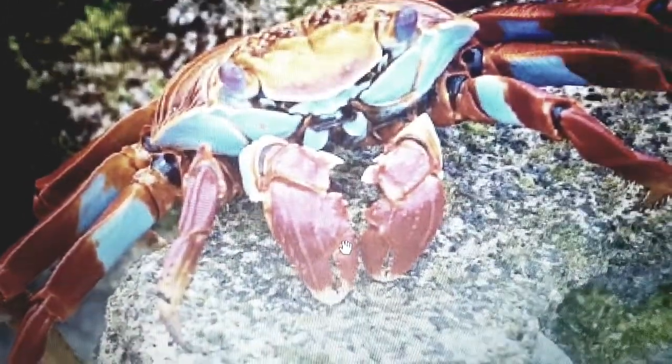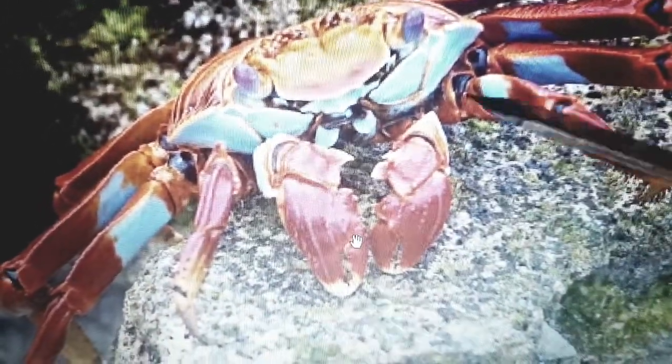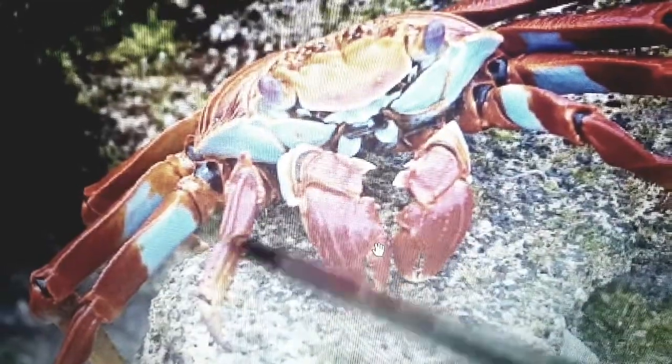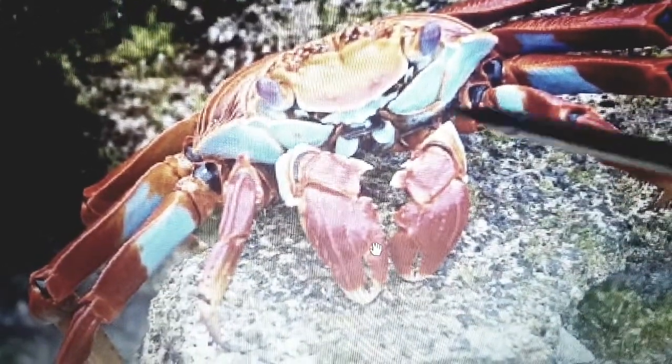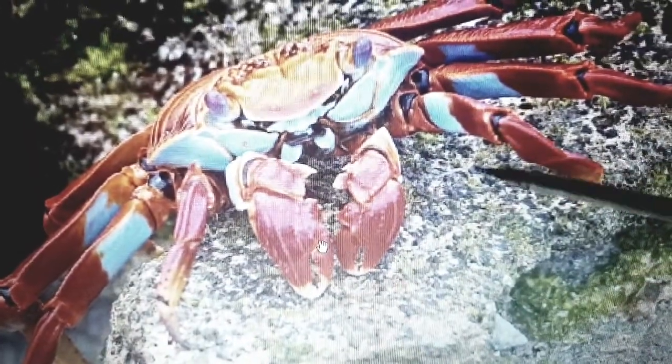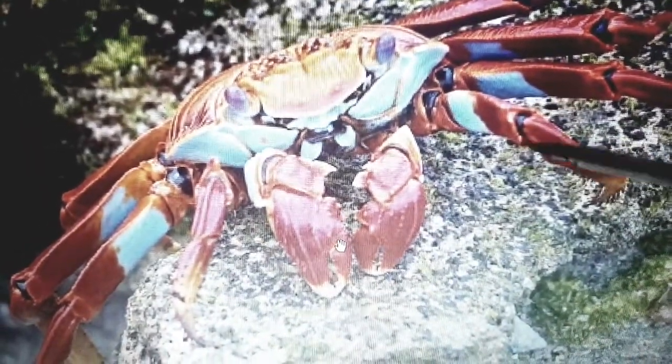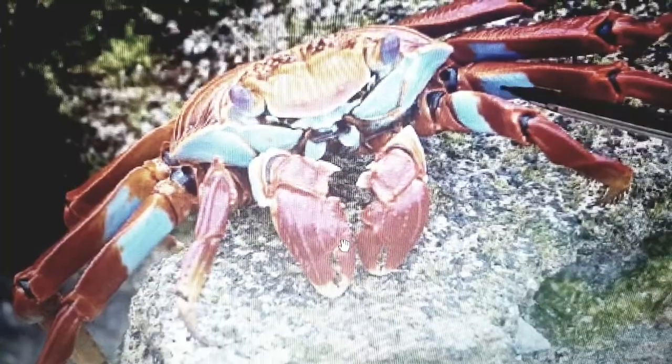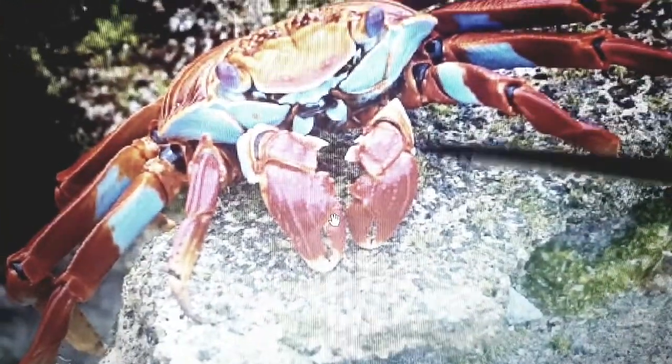So this is a crab. See? Look at its tiny legs, its long and thin legs.